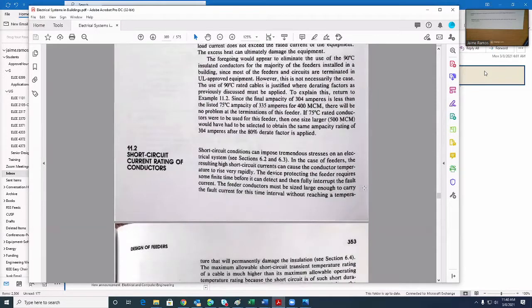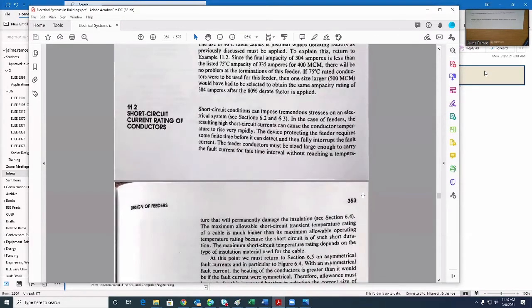Here it is. So the conductors, the feeders, need to be calculated on the basis of short circuit. It says here, resulting high short circuit currents can cause the conductor temperature to rise rapidly.